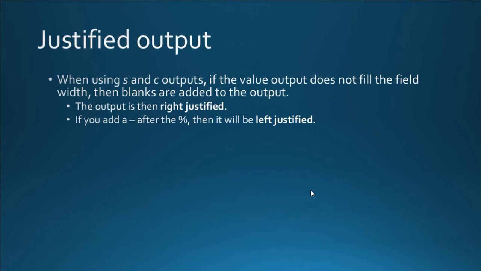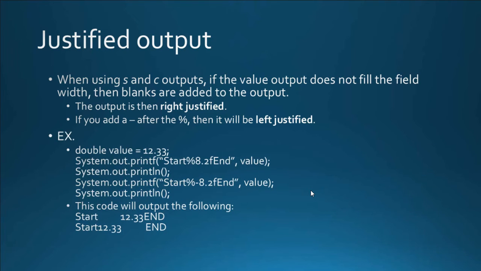We can also justify our output. This happens when we get into the s and c output. If the value output does not fill the field width, then blanks are going to be added. The output is then right justified. If I add a minus after the percent symbol, then it will be left justified. So here's my example. double value = 12.33; System.out.printf("start %8.2f end", value).